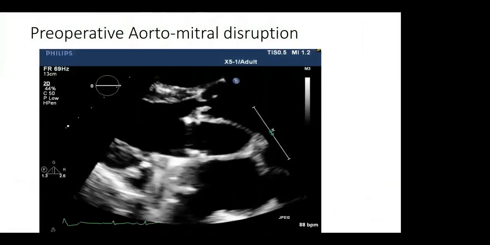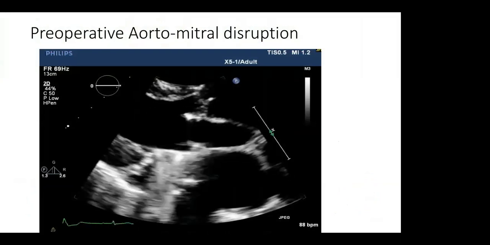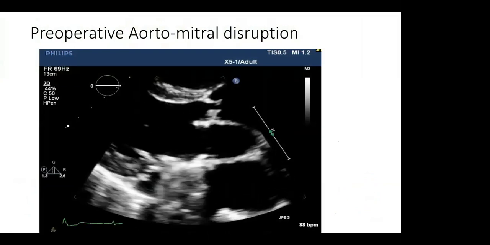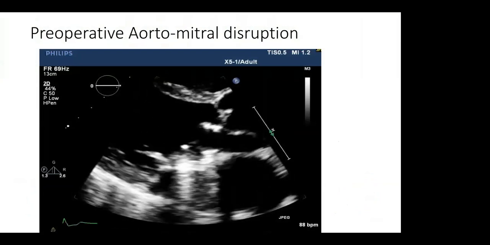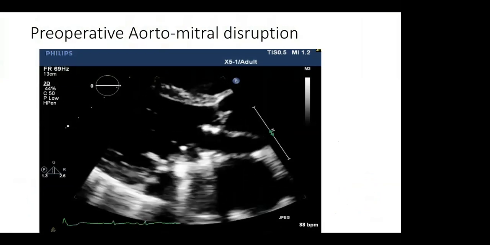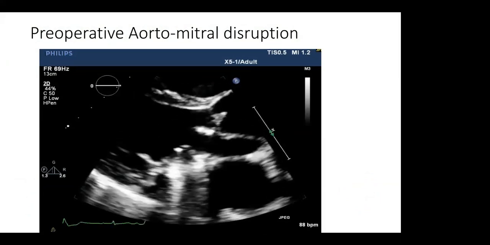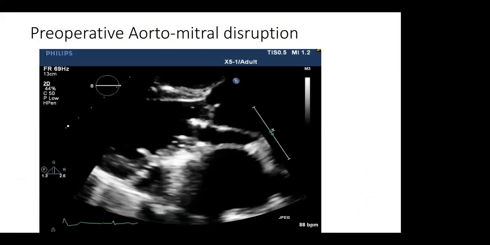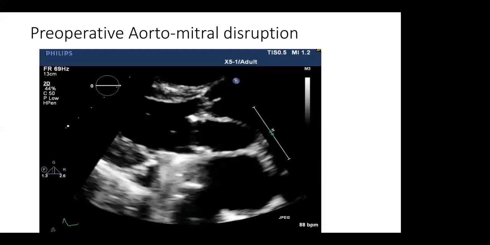Here is the echo of that patient. Anybody can read? Just briefly. This is a long axis external view, showing very large vegetation or thrombus on the anterior and the posterior mitral leaflet.